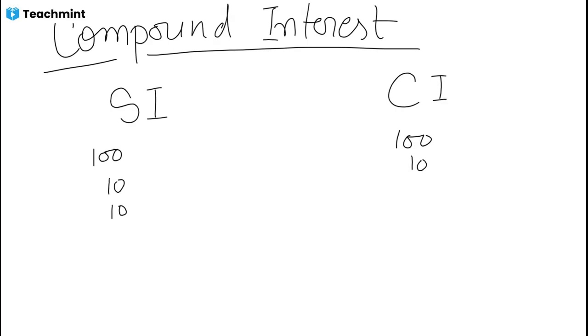In CI the principal changes: 110 becomes the principal for the second year. This is the difference between CI and SI.